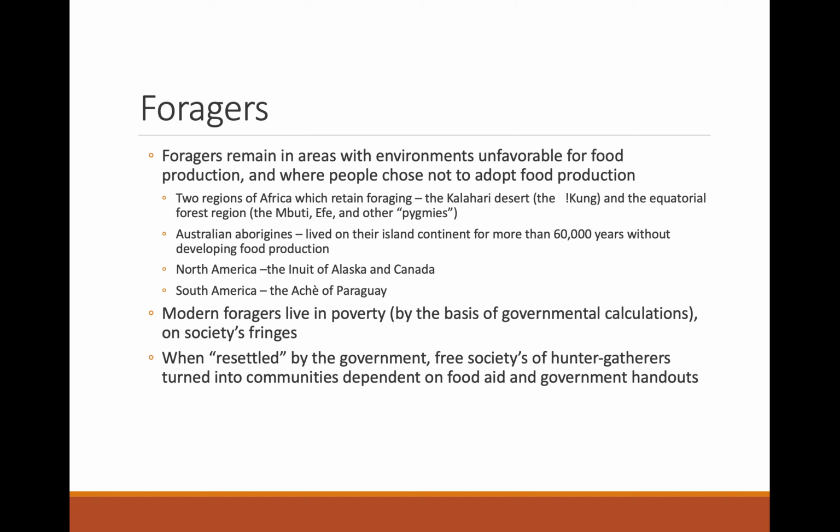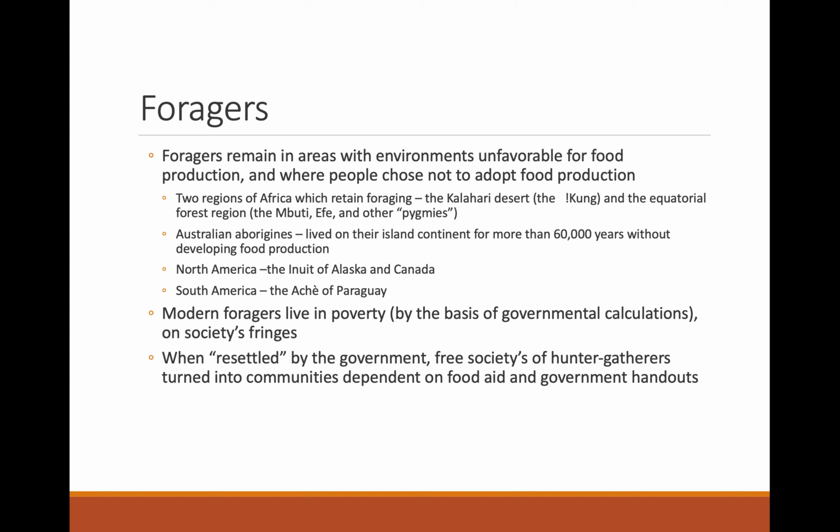We have a thriving, though threatened, group of foraging groups in Australia, those that we collectively refer to as Australian Aborigines. Australia has a very long history, 60,000 years or more, of life in this foraging lifestyle.